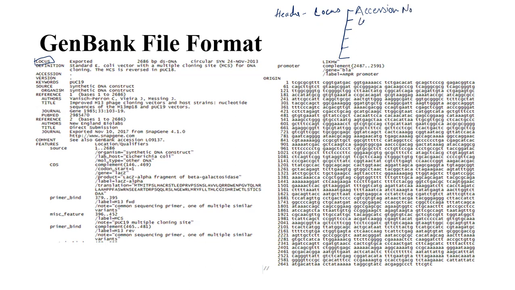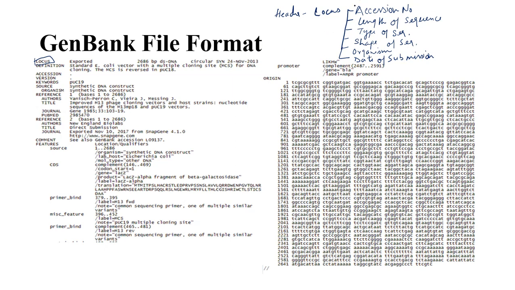Second one is the length of sequence. Third one is the type of sequence. Fourth one is the shape of the sequence. Fifth one is the organism, and the last one is the date of submission, the date on which it was submitted into the database.